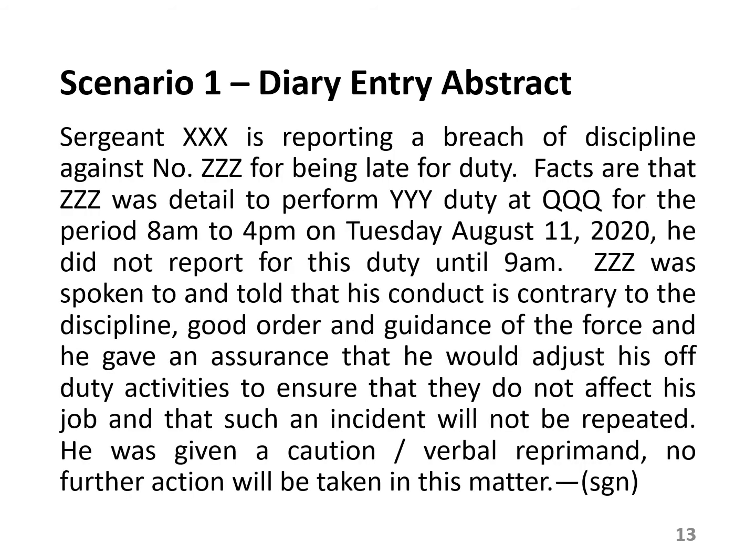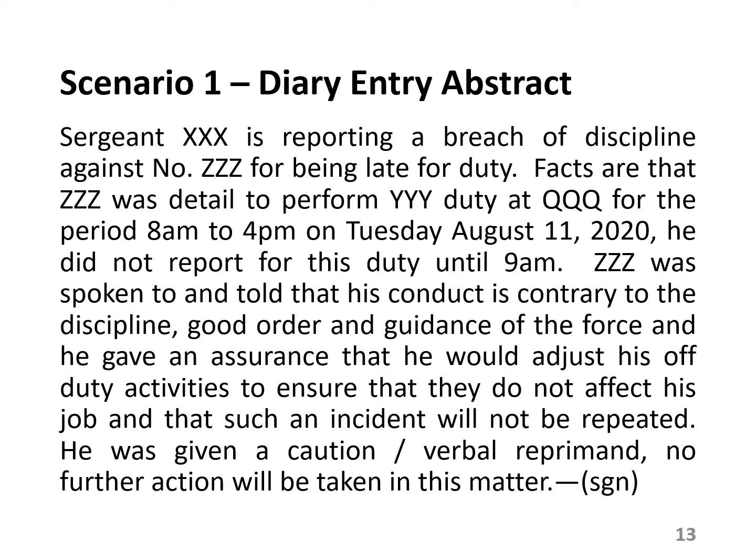We have an abstract of the diary entry, so I will not go through the top part of the entry, nor the part that deals with the subject, etc. Just the content of the entry. So Sergeant, and the name of the sergeant would go there, is reporting a breach of discipline against the regulation number of the defaulting member, named, for being late for duty.